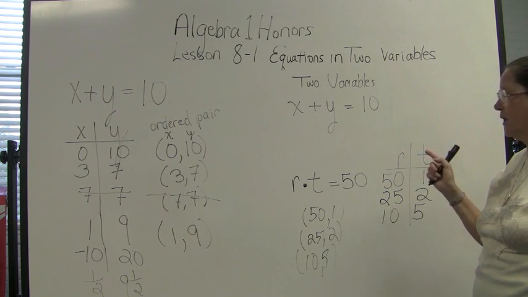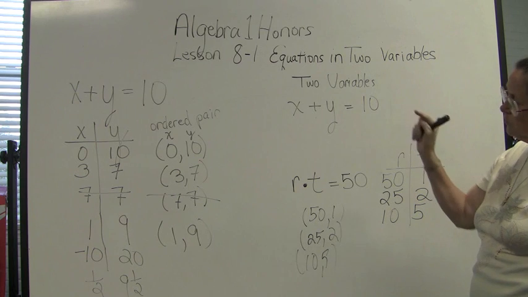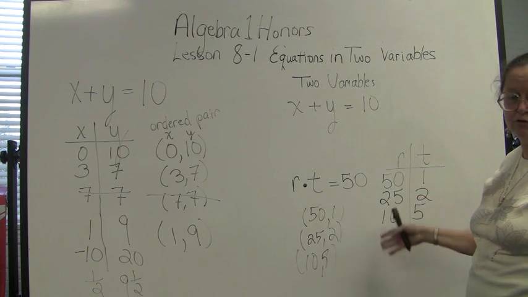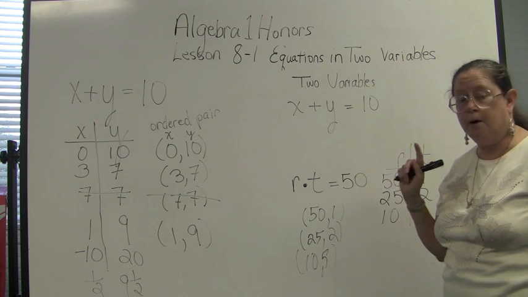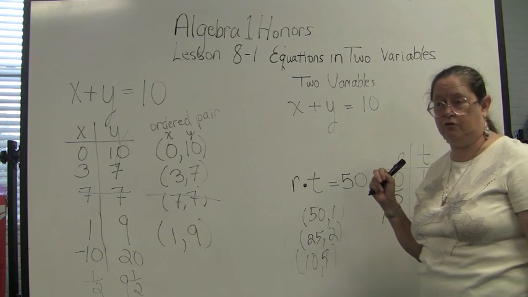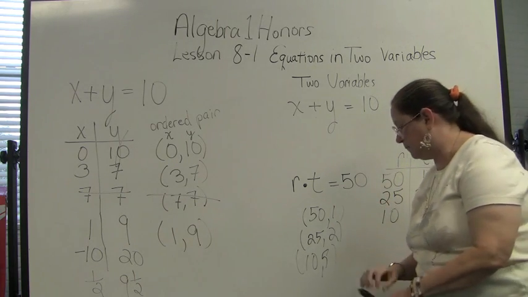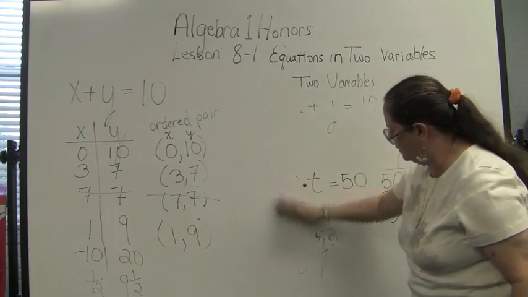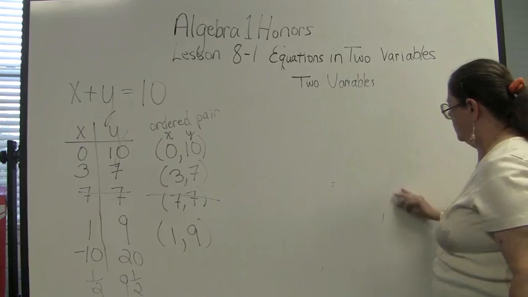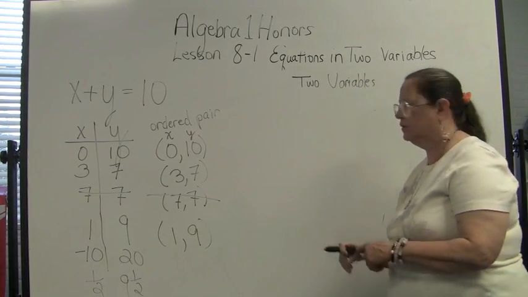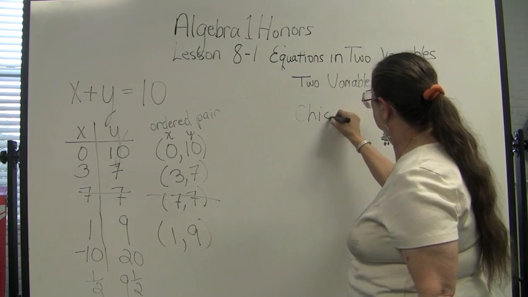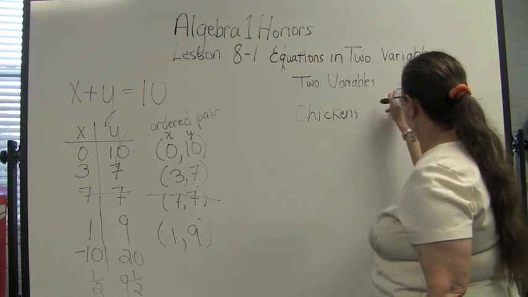What you're going to learn next is that when we have two variables, we're going to have many solutions if we only have one equation. But if we have two variables, but we also have two equations. So for example, if I told you that in a barn, there were chickens and horses.